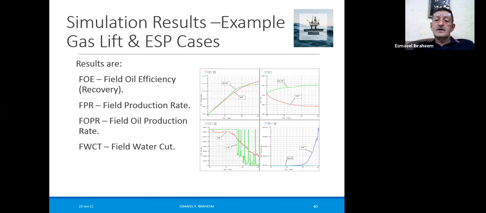You can also produce for each well the production rate, oil production rate and water cut. You change only the F to W, for example, WPR, well production rate, and WOPR, well oil production rate, and WWCT, well water cut. Sorry.